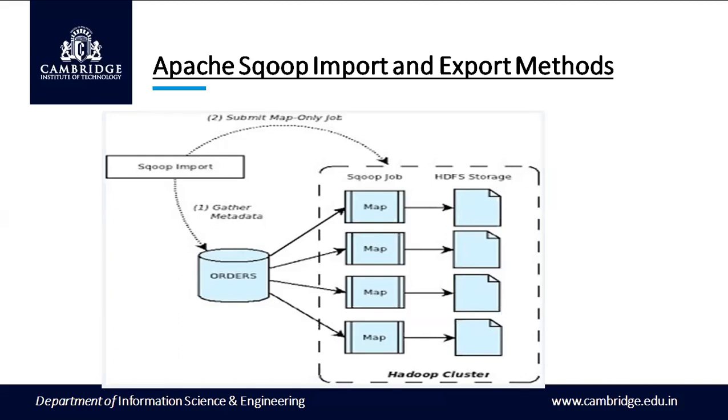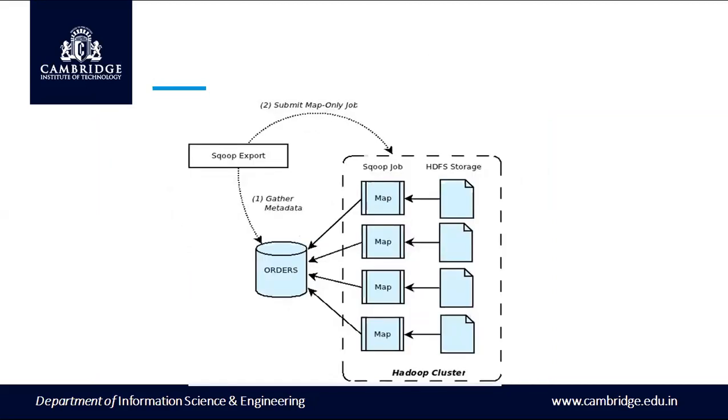The system gathers the metadata from the storage and then imports the data. Whichever data the user wants to import goes to the HDFS storage. So this is the Sqoop import: first gathering the metadata, then submitting map-only jobs to Sqoop, and finally to the Hadoop distributed file storage.